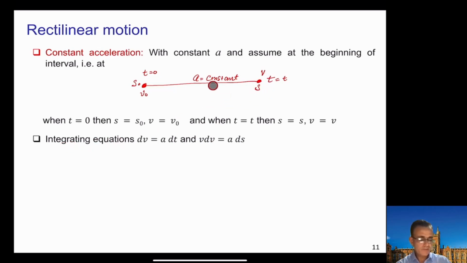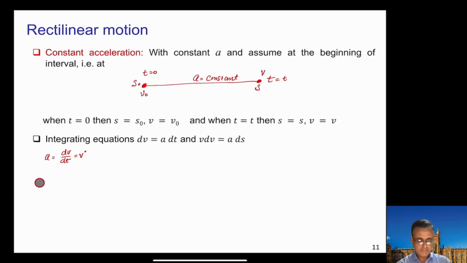So now if we have a constant acceleration, then we can derive some expressions which will provide us with simple equations. The first thing, if you start with this equation, a equal to dv by dt, we know that acceleration is the rate of change of velocity, or v dot.